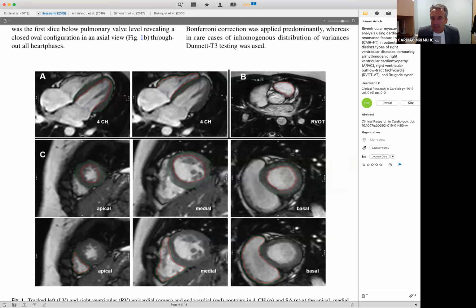If I may ask, is anybody using strain clinically? Whoever's using strain clinically, just put a yes or a plus into the chat, because it will be interesting whether people are using that. In our institution here, I use it rarely, or more out of interest, but not yet for clinical decision making.